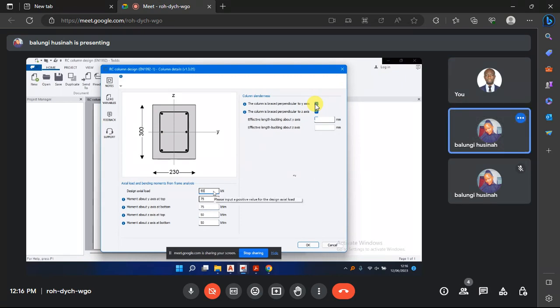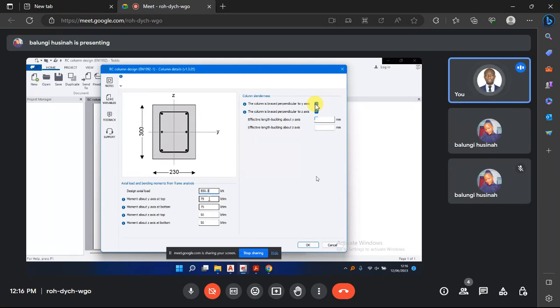Yes. That's right. Then we have moment about the y-axis at the top, y-axis at the bottom, z-axis. So our column was bending in one direction.